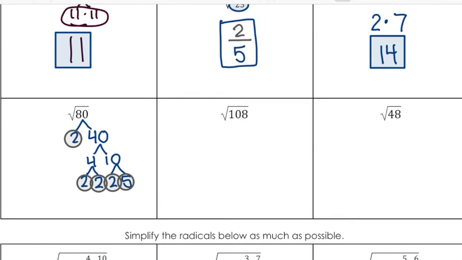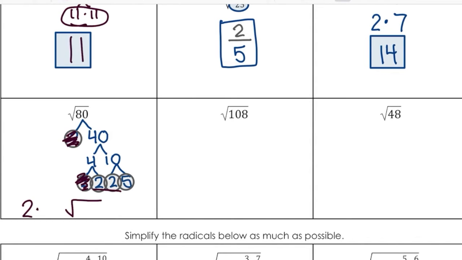Because now I need to look for groups of 2. So I'm looking for pairs to come outside. So for example, right here I have a pair of 2. So what I'm going to do is put a 2 outside the square root, and cross off those 2 2's that I just used. But wait, I actually have another pair of 2's over here as well.